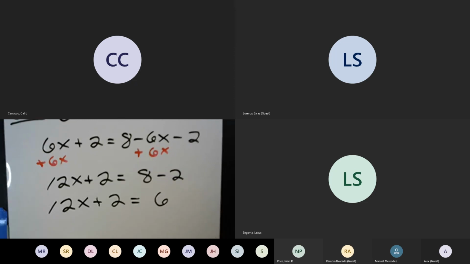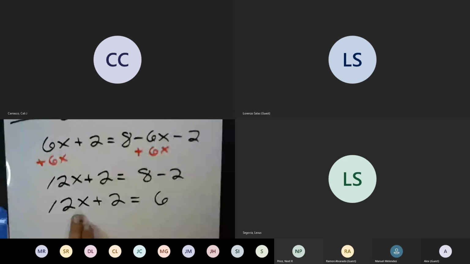And so what we're going to do here, again, we're on familiar ground. We're going to work from the outside into x. We're going to undo this and then undo that.